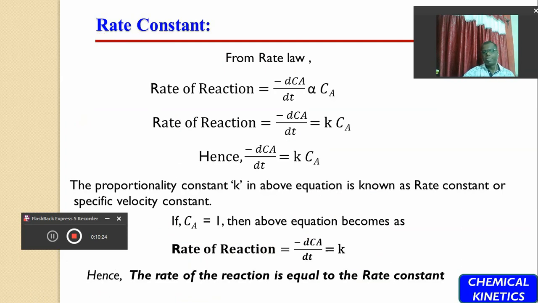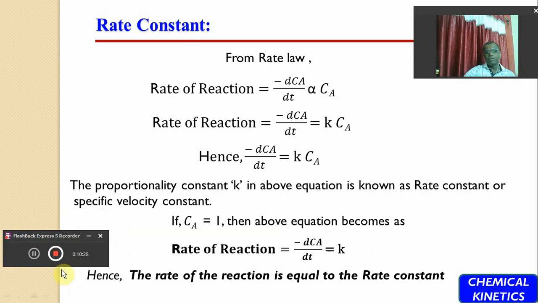So rate equation is the equation stated by the rate law, which shows how the rate of reaction is related to concentration. Dear friends, from the rate law we can conclude that the rate of reaction of any chemical reaction is always directly proportional to the molar concentration of the reacting substance, that is C_A, for a simple chemical reaction.